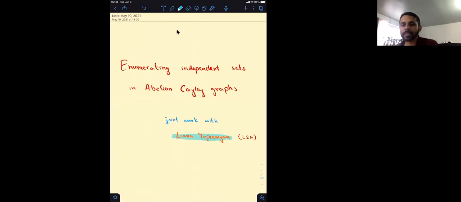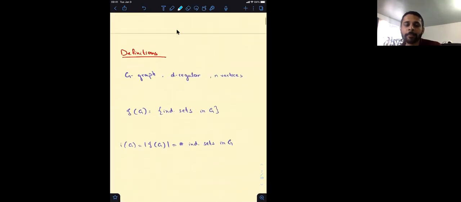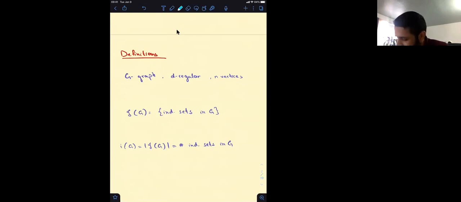Okay, so let me just quickly get into the definitions first, so we can state the result. G is always a graph which is d-regular on n vertices.